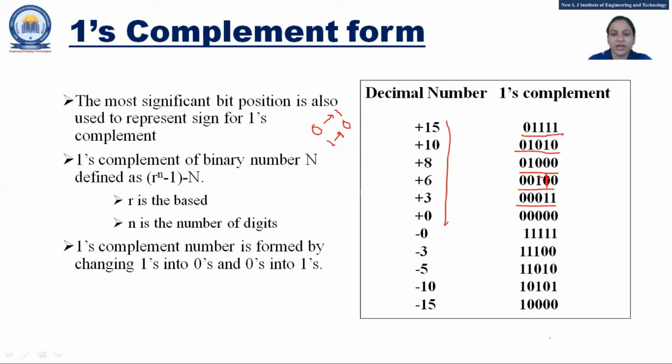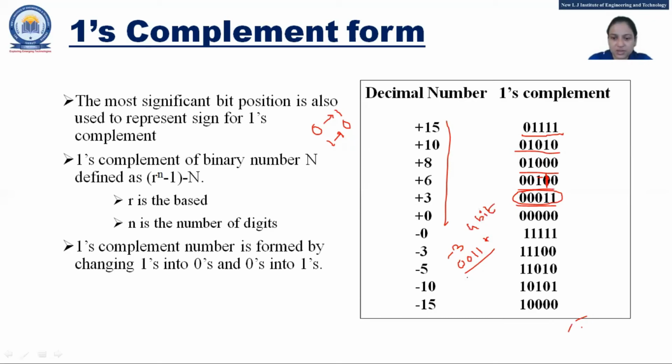Now what about the negative numbers? Now we can see plus 3 is represented as 0 0 0 1 1. So if you want to represent minus 3, right? 0 0 1 1, that is plus 3 in 4-bit representation, right?